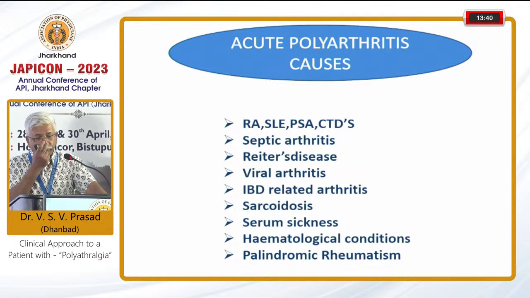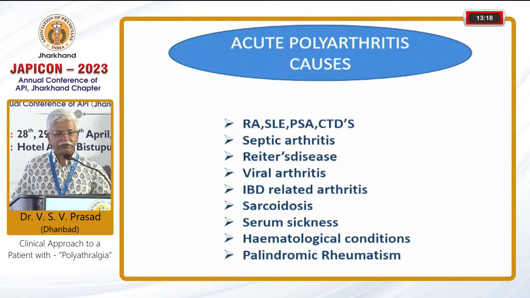There are a lot of patients with acute polyarthritis who could be presenting to us, like, for example, rheumatoid arthritis, which is the de novo default disease that we generally explain when we talk about chronic arthritis. Patients with SLE, patients with psoriatic arthritis, connective tissue diseases, they could all be presenting with polyarthritis.